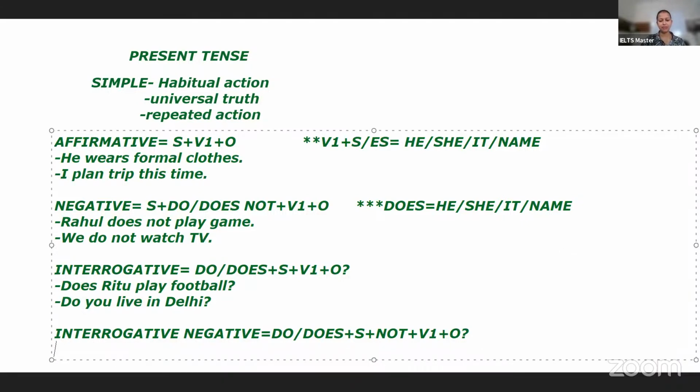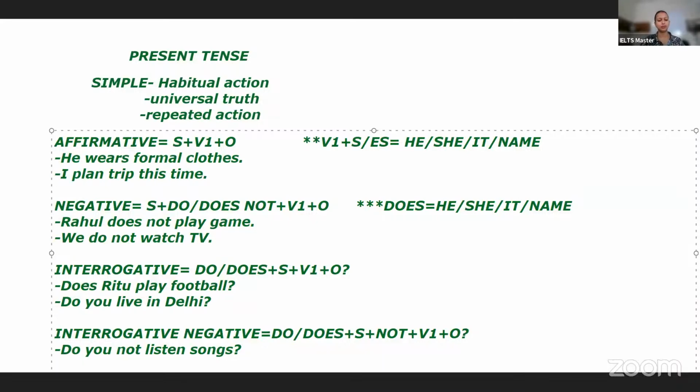So we have a sentence, do you not listen songs, or does he not cook food? Is that clear? So this we have for the simple present.